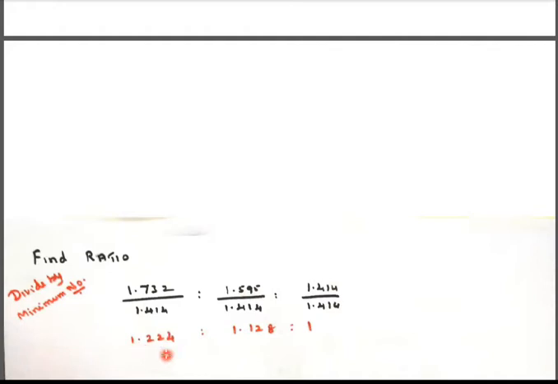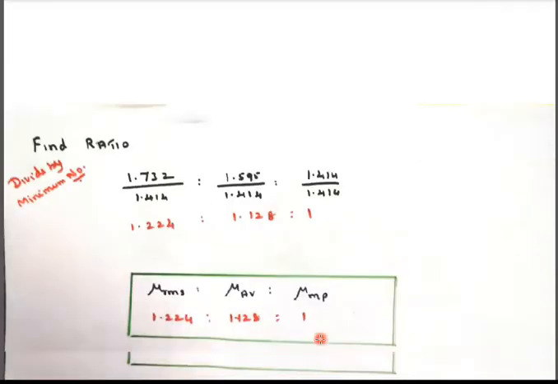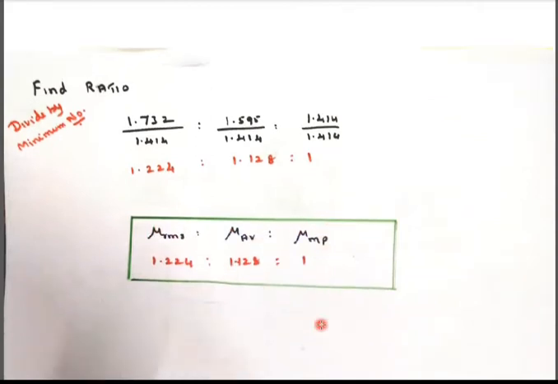After division we get 1.224 : 1.128 : 1, which is the ratio of RMS, average velocity and most probable velocity.